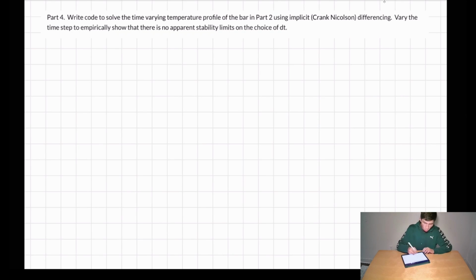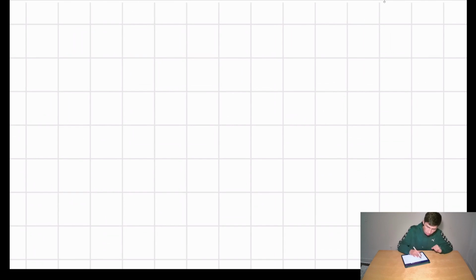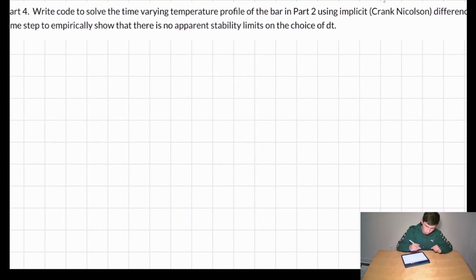Previously we derived the equation that the first derivative of the temperature with respect to time is equal to the thermal diffusivity times the second derivative of temperature with respect to x.